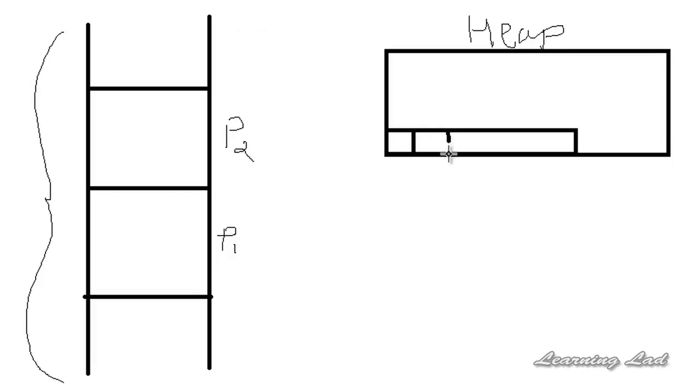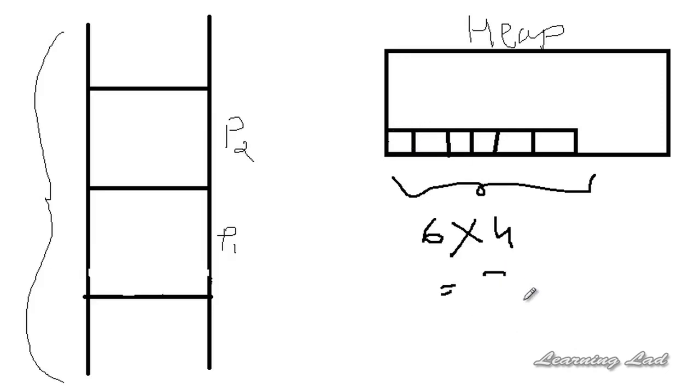So each block is of 4 bytes, and it's gonna be 6 blocks, so 6 into 4, which is 24 bytes. The calloc function is going to allocate 6 blocks each of 4 bytes, and it's going to initialize all these bytes to 0, so that every block will contain a value of 0.